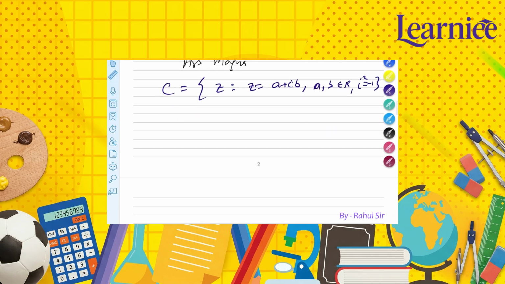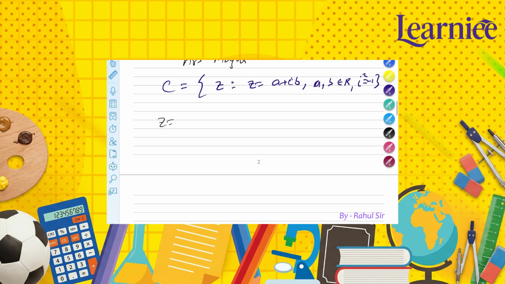Here, if you talk about z equal to a plus ib, both a and b are real numbers, and they are two independent real numbers. That is the important thing. They are not depending on each other.